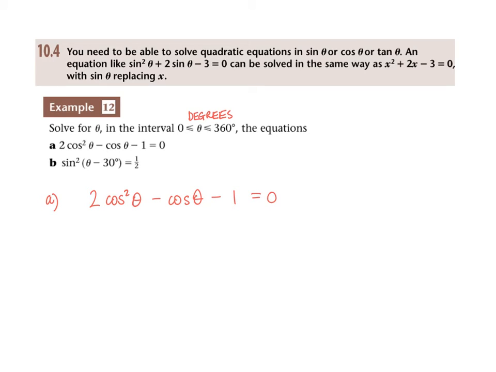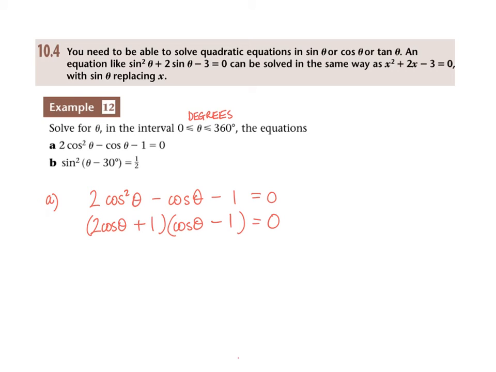Now you could let cos theta equal x like we have before when we've done our logarithmic equations, or you could see straight away that we can actually factorise it. So we get 2 cos theta here, cos theta, we get a 1 and a 1, that one must be a minus and a plus. So we factorise there, multiply it back out just to make sure that it's okay, which I think it is.